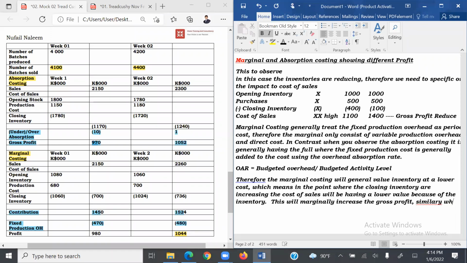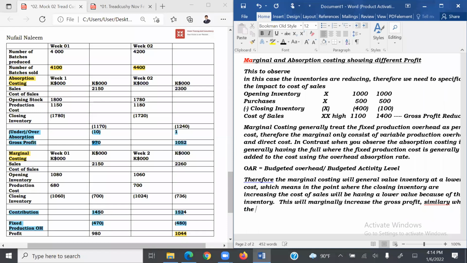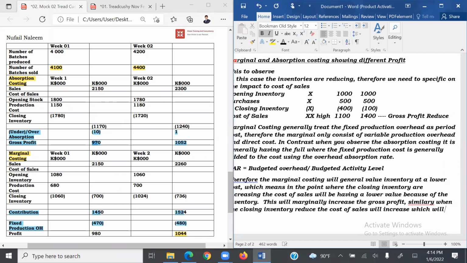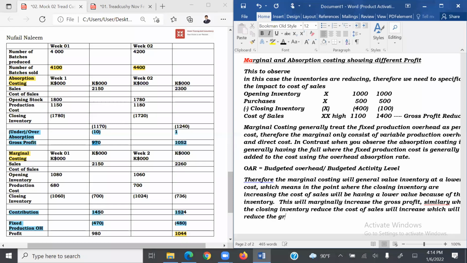Similarly, when the closing inventories reduce, the cost of sales will increase, students. Get that point of view. The cost of sales will increase, which will reduce the gross profit, students. Get that point of view very clearly there.